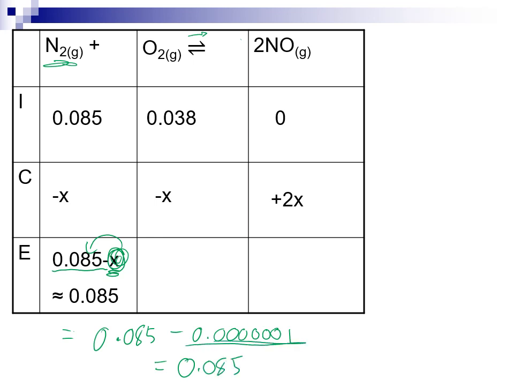Essentially, if this x, this change, is small enough, it will not affect the concentration of the reactants, in this case because we're shifting right, enough to change how we deal with the number based on our precision anyways.